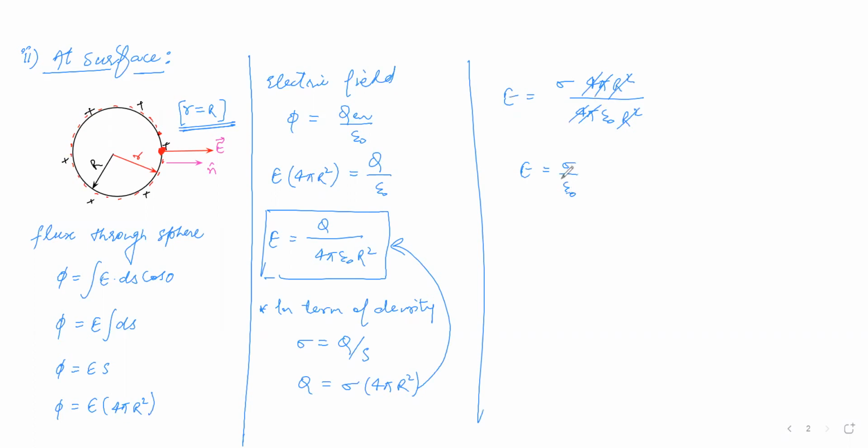This is your value of electric field at the surface of this sphere. Okay. Note it down, please. This is your part 2, I mean, field at the surface.